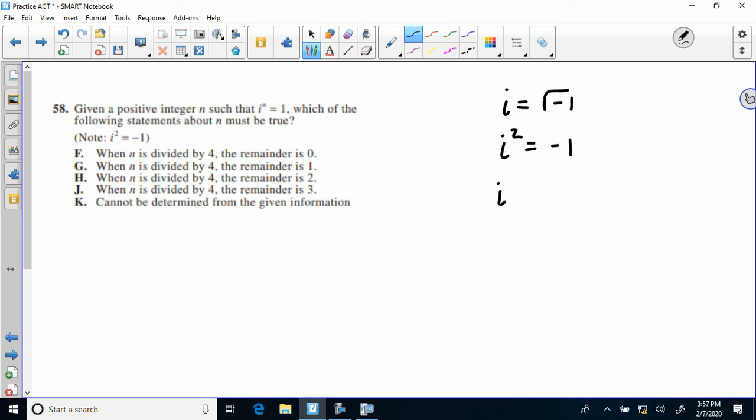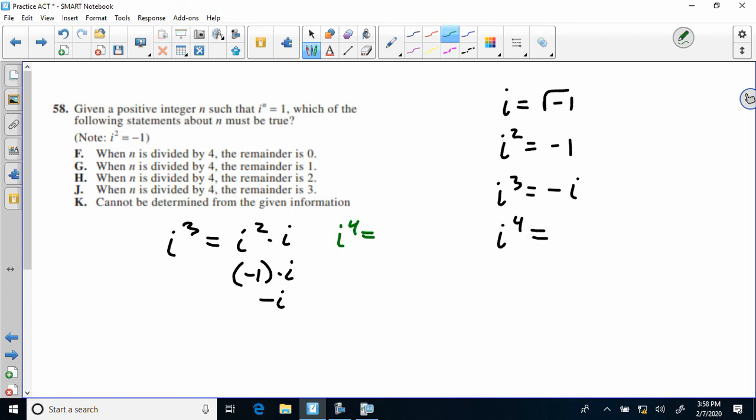If I did i cubed, I'm going to write it over here. i cubed is i squared times i. But we know i squared is -1, so -1 times i is -i. And if I do i to the 4th, I'm going to write in green, i to the 4th is equal to i squared times i squared, which is -1 times -1, which is a +1.